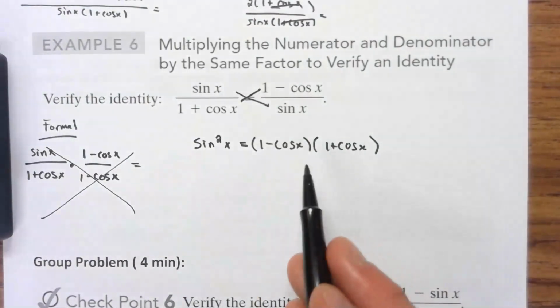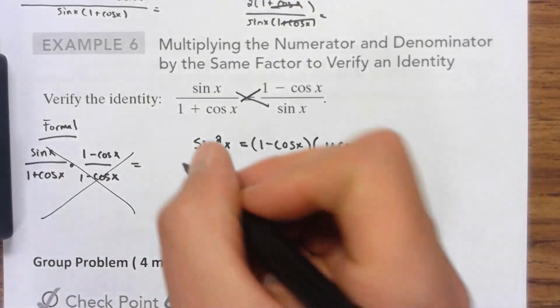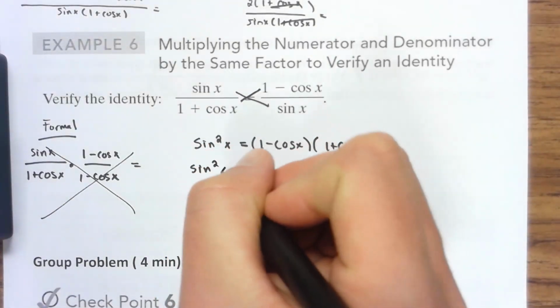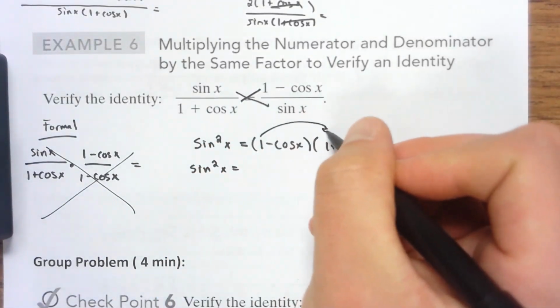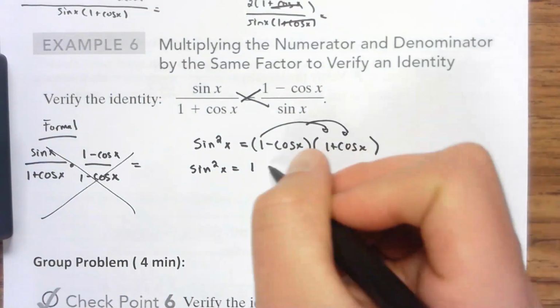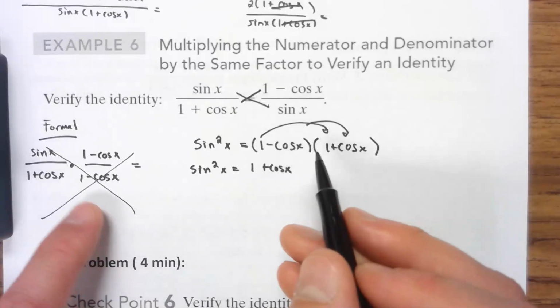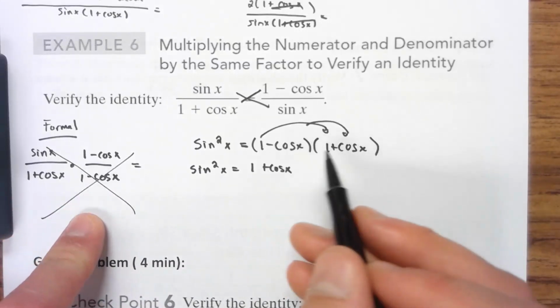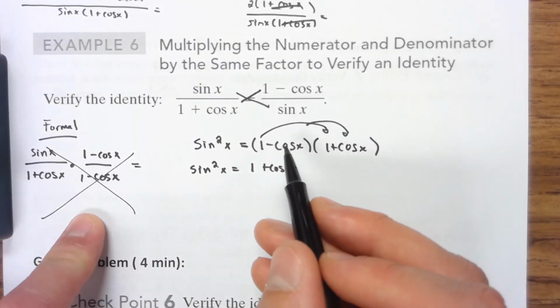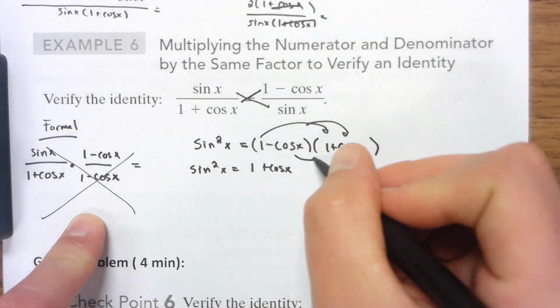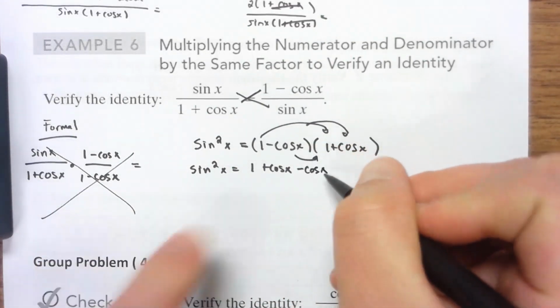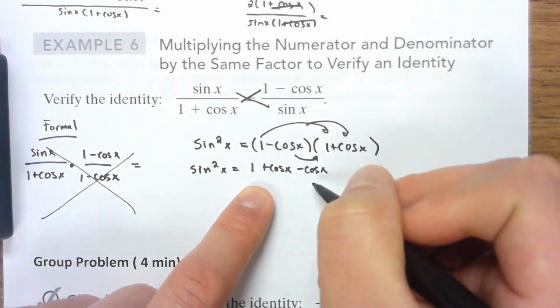And so on this right side, this needs FOILed. So 1 times 1 is 1. 1 times cosine of x is cosine of x. And this is that same conjugate pair that we would have gotten in that more formal way. And so you're going to see that when I do this negative cosine of x times 1, you get negative cosine of x, those cosine of x's will cancel out.